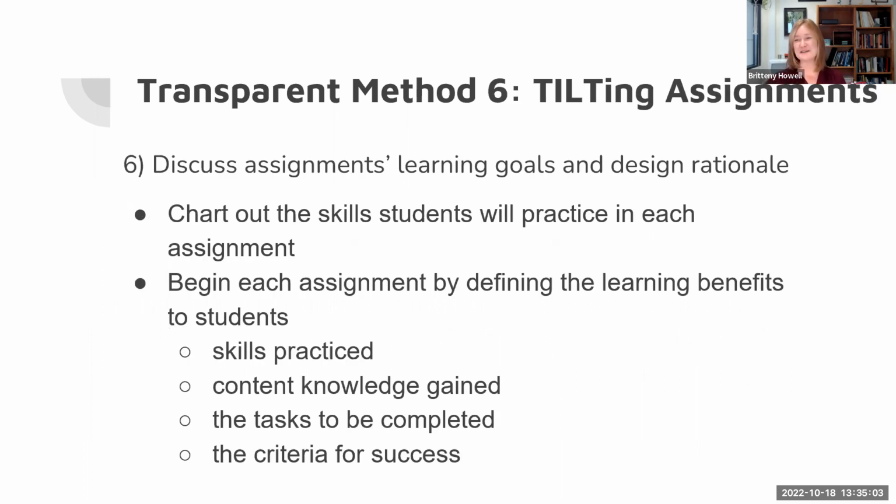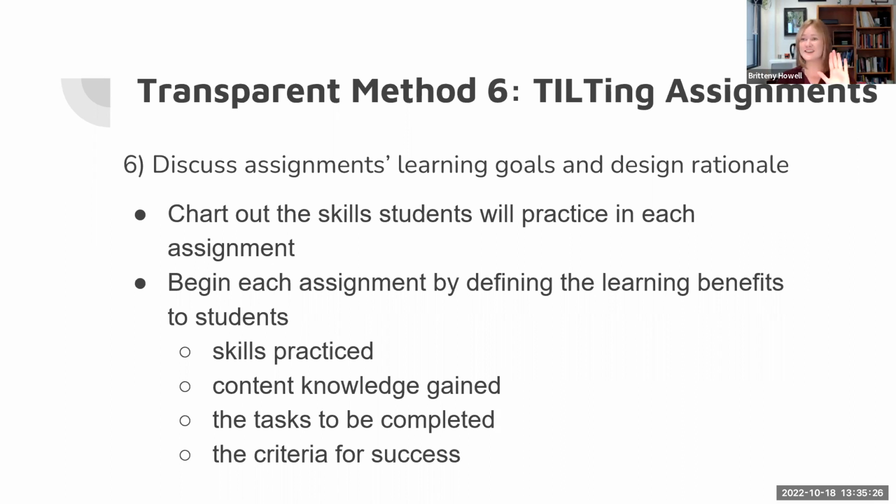Now, the one I'm going to spend a little bit more time on, because it's a great, easy, effective way to start tilting your courses, is to tilt your assignment and start maybe with just one assignment. But a tilted assignment discusses the learning goals and the design rationale. Why you created this assignment for them goes on the assignment.